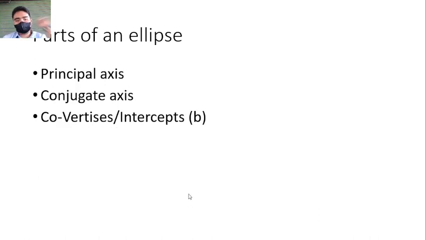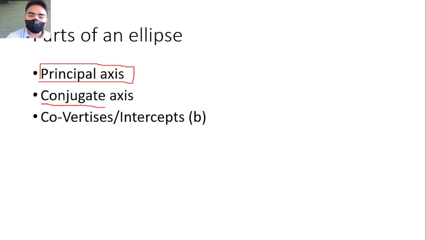So, how about the principal axis, conjugate axis, and co-vertices or intercepts? No? So, if we say principal axis, this is where we are basing with. So, later on, you could understand what our principal axis is. And if you say conjugate, from the word conjugate, this is the other axis that we are not basing with. Okay?